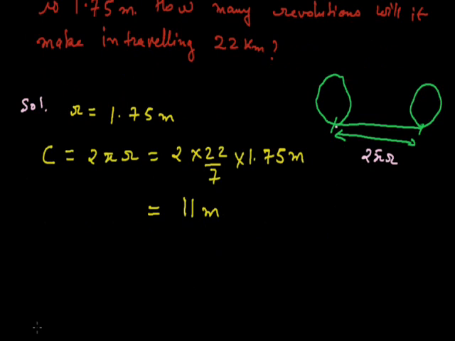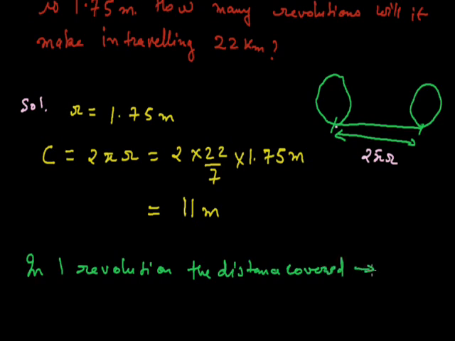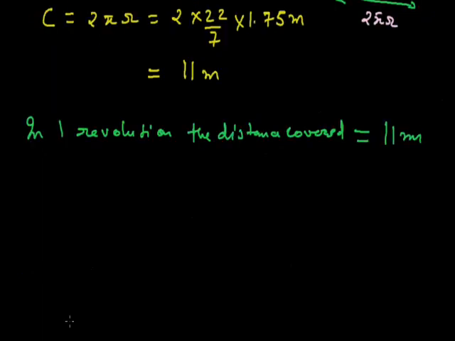Now we can say that in one revolution the distance covered by the wheel is equal to 11 meter, and we have to find how many revolutions it will make to cover 22 kilometer. So 11 meter is covered in one revolution.